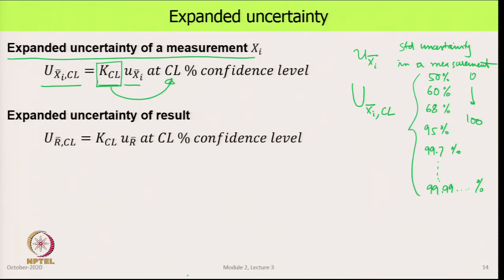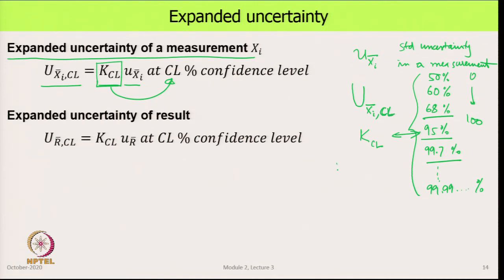As we have seen in an earlier lecture, in engineering uncertainty analysis, we stick with 95% confidence level generally. Sometimes we may go here, sometimes we may go there. But once we select what this confidence level is, each one of them has a one-to-one correspondence with K_CL. It is there in the tables, it is there on the web in many places. You can just get it in a minute now. So, that is why on the left side we have CL.